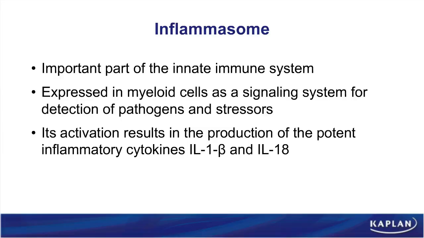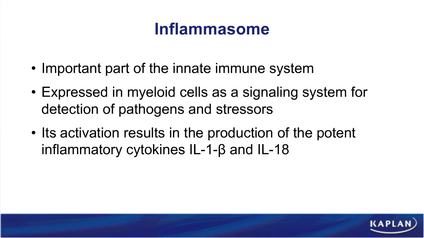To give you an example about how important these different pattern recognition receptors are, I'd like to introduce you to the inflammasome, which is part of the innate immune response. The inflammasome is expressed within different myeloid cells, and if you go back to chapter 2, remind yourself what myeloid cells are. Hey, what about those macrophages and dendritic cells and neutrophils?